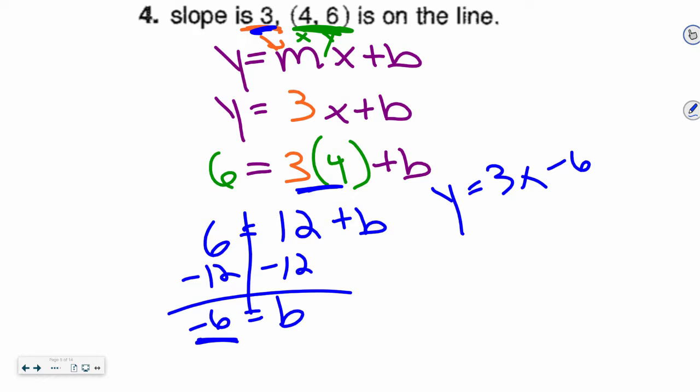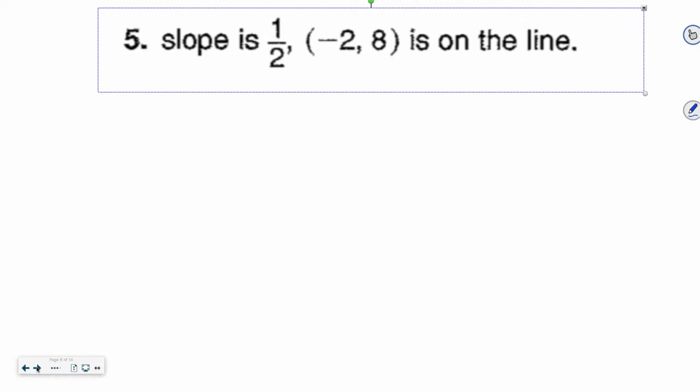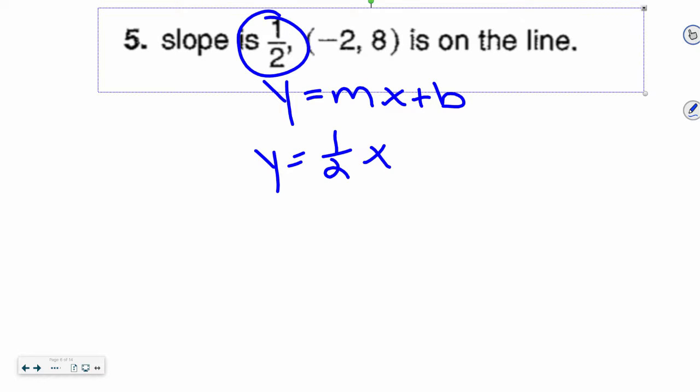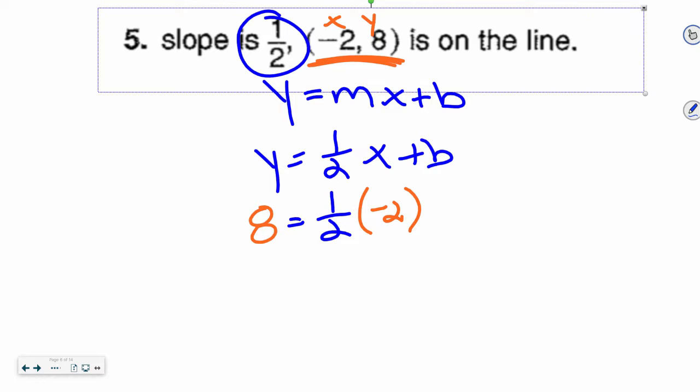Another equation for this is number 5. So again, y equals mx plus b. That's my m. Y equals 1/2 x plus b. -2 and 8, xy. I plug in 8 equals my 1/2 times -2 plus b. I'm going to make this -2 over 1, and I'm going to multiply straight across.